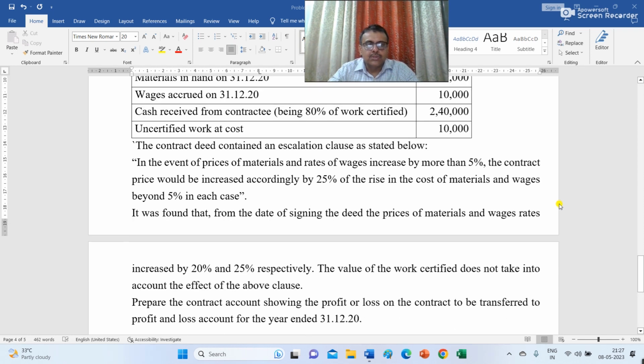It was found that from the date of signing the deed, the prices of materials and wages rates increased by 20% and 25% respectively. The value of work certified does not take into account the effect of the above clause. Prepare the contract account showing the profit or loss on the contract to be transferred to profit and loss account for the year ended 31st December 20.